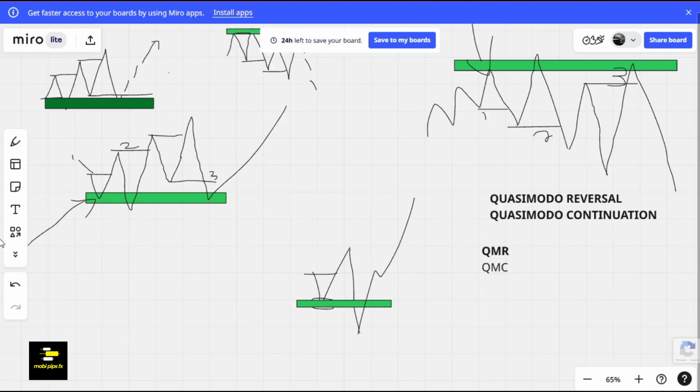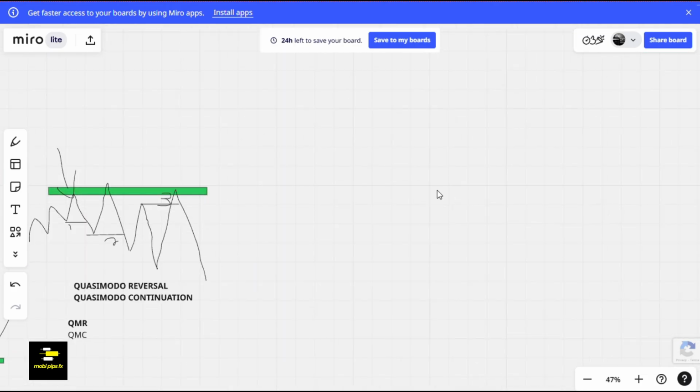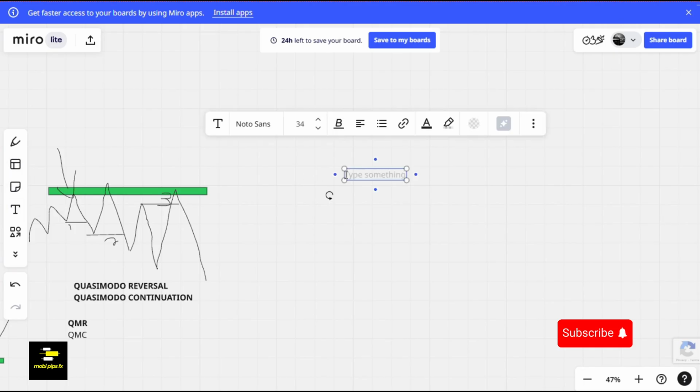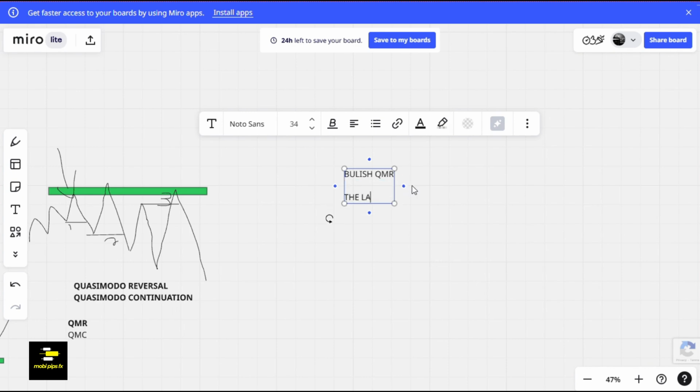So what are we going to say? It's the last candle for the bullish. Let's define it. Bullish QMR: the last bearish candle that's failed.